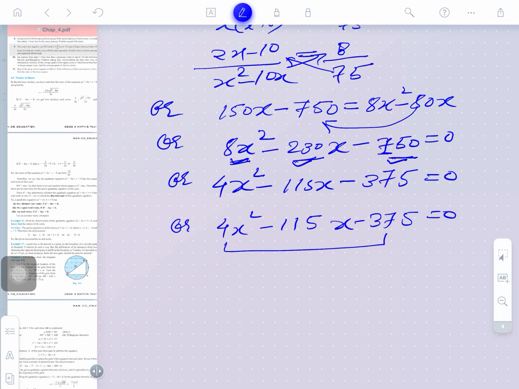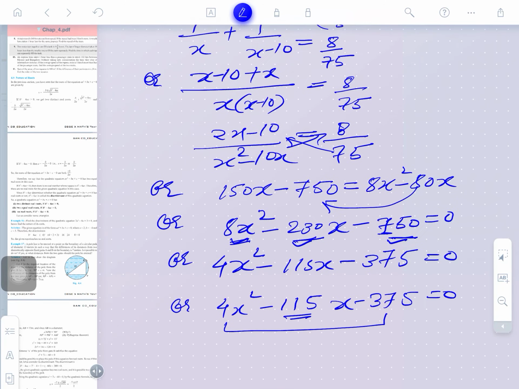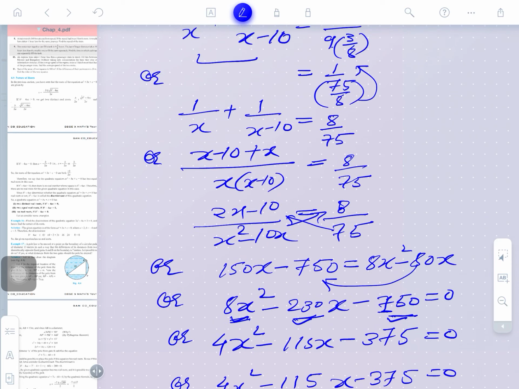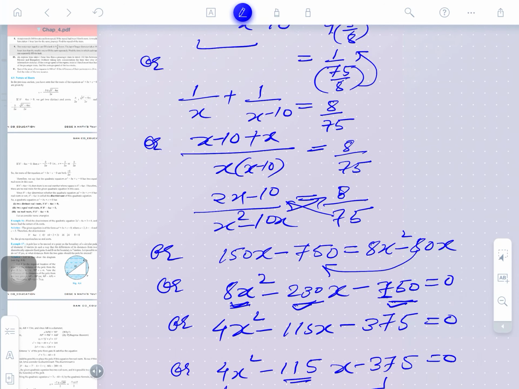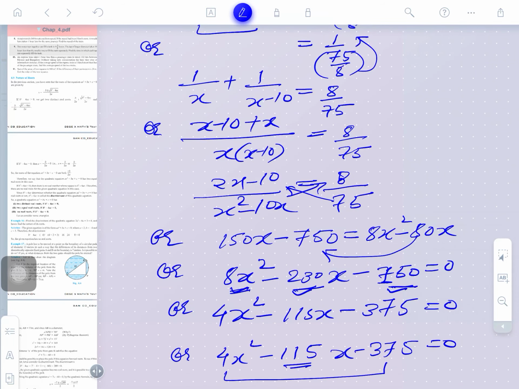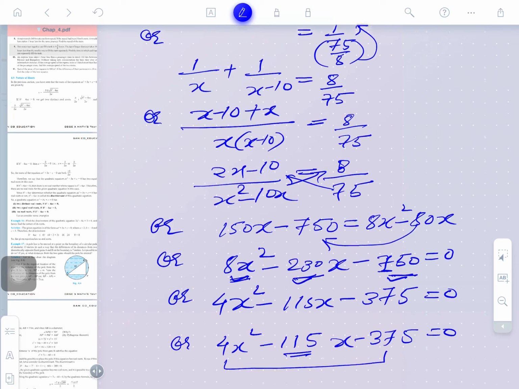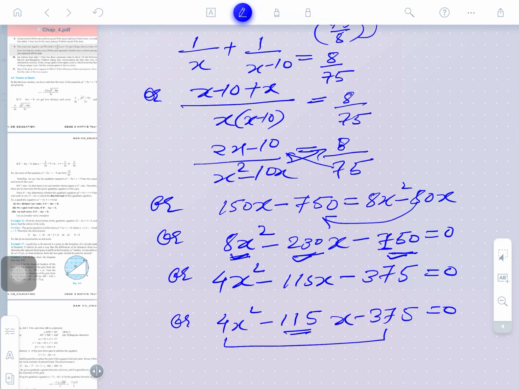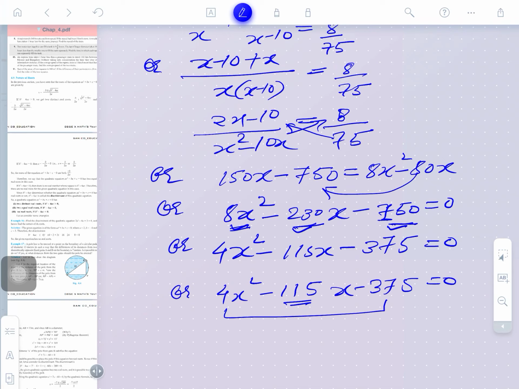So by arranging this, you first have to check whether you have done anything wrong or right. So 9 8s are 72, 75 by 8, 8 will go as a numerator, okay. So LCM is there, x minus 10 and x. Here x square minus 10x, 2x, and here is what? This 75 double is 150 and 750 also there, 8x square and 80x. So 8x square, this is to be transferred that side. These both terms to be transferred to the right side.